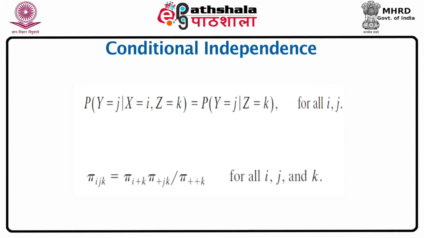Going a step further, we can introduce the concept of conditional independence. So again, I have three variables x, y, z, where each of them can take the value of any number of categories.